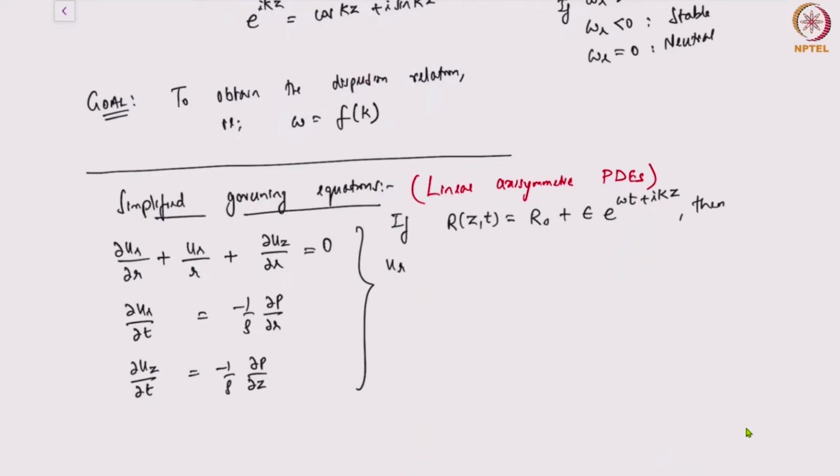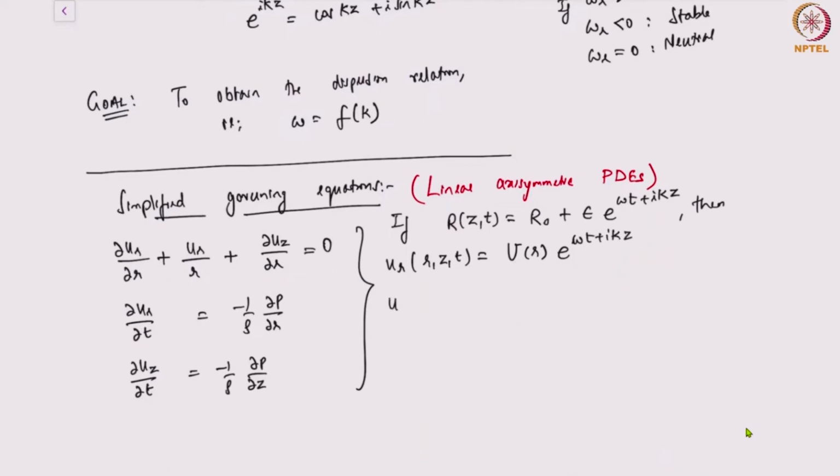So we can say the radial velocity, which is now going to be a function of r, z and t, will be, there is no mean, so there is only perturbation. This is the amplitude of the radial velocity perturbation times e power omega t plus I kz.